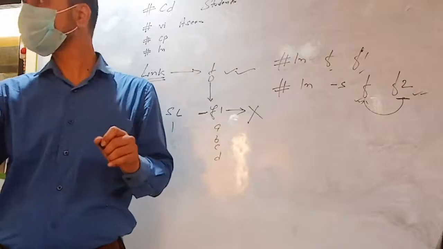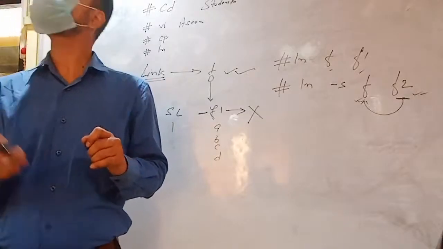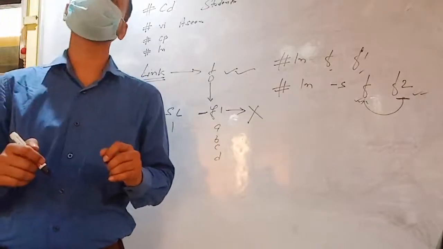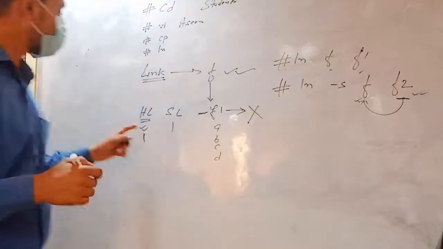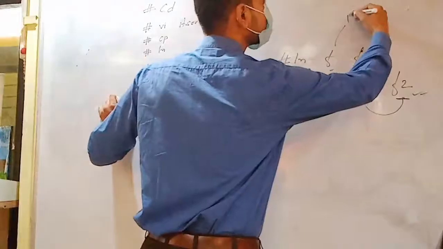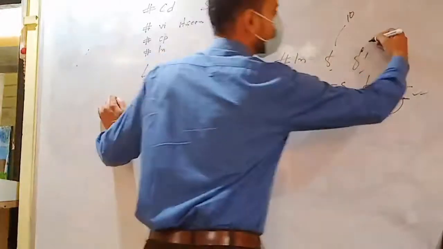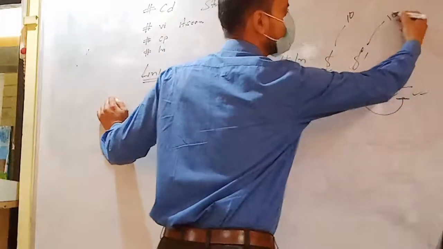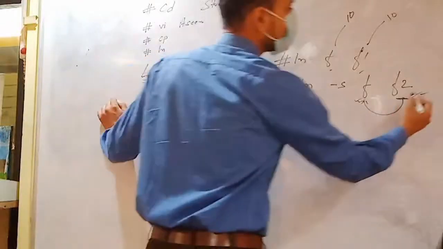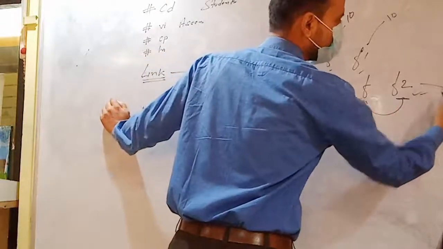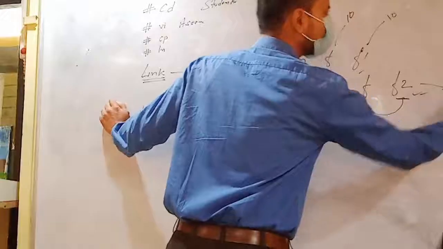I have asked this question also: in which link file is a new inode value used? In a hard link, the inode value is the same. For example, if this file's inode value is 10, then its inode value is also 10. But for the soft link file, the inode value changes, like 11.